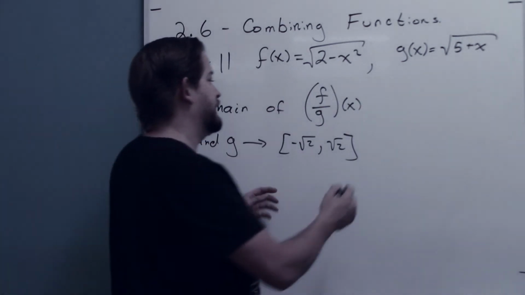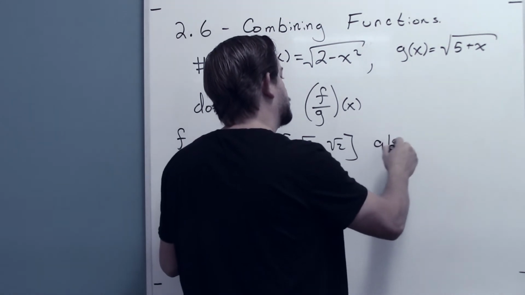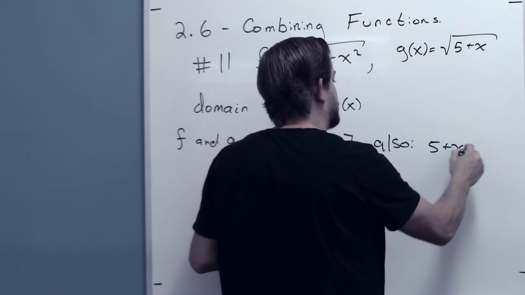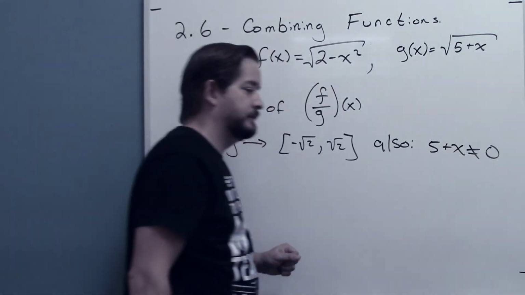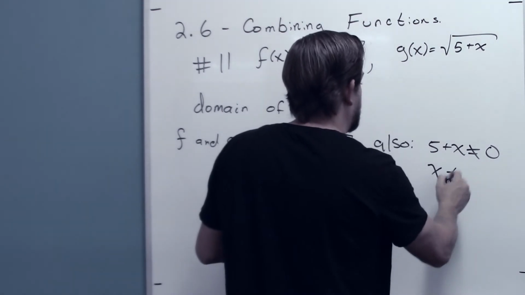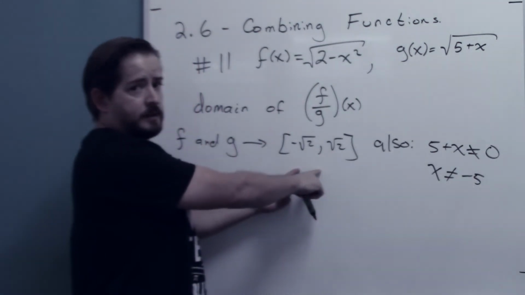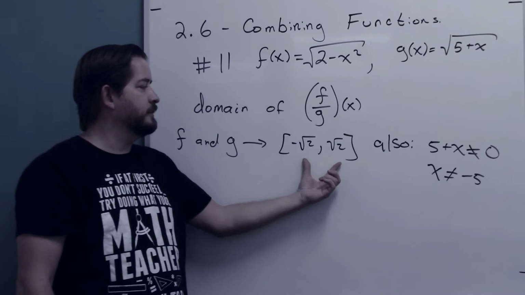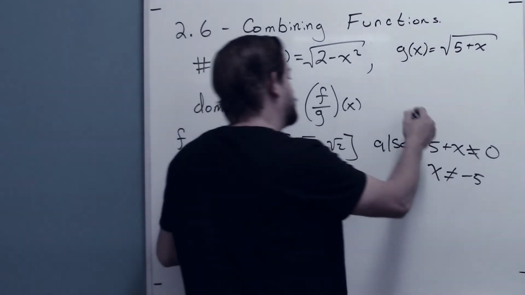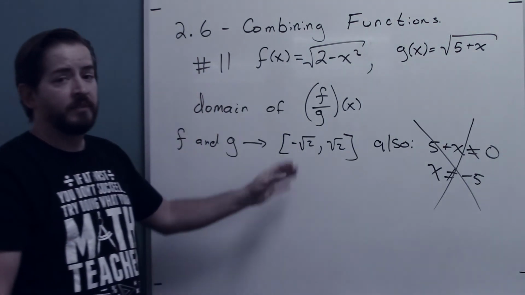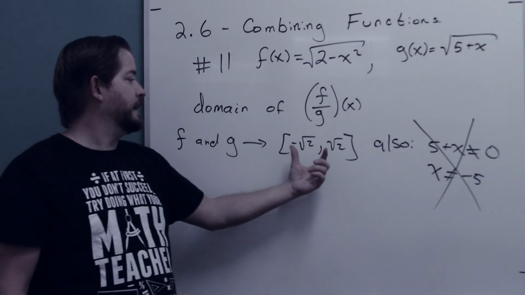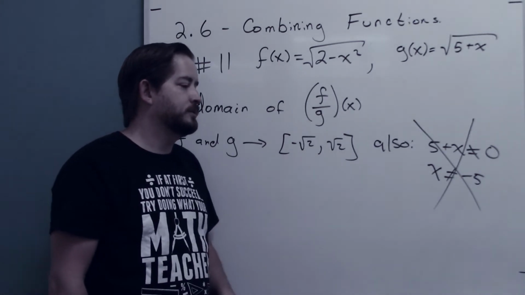And so that is to say, I have to also be concerned with 5 plus x can't be 0. But if I subtract 5 here, x can't be negative 5, but it's already not, because my domain is already limited to numbers that don't include negative 5 anyway. So this, while I do have to satisfy it, I already do, so I don't have to worry about it. And so my domain is the same, it's still negative root 2 to root 2.